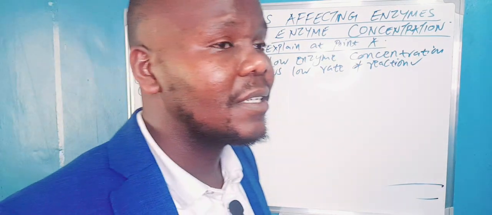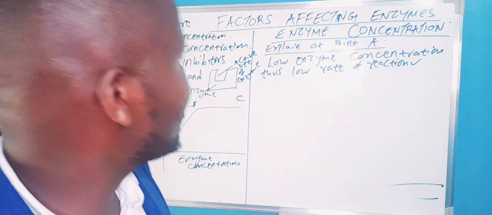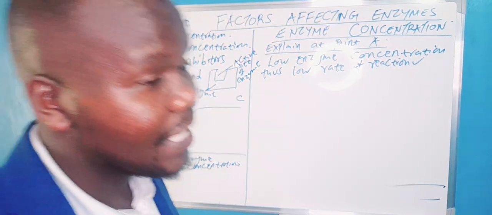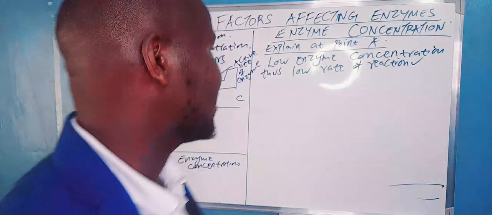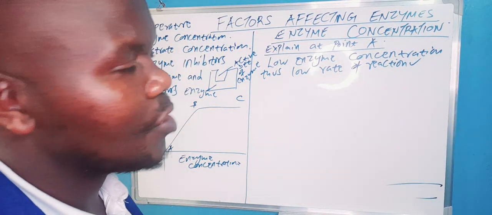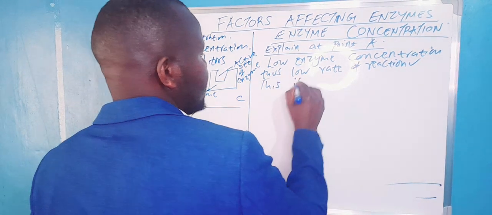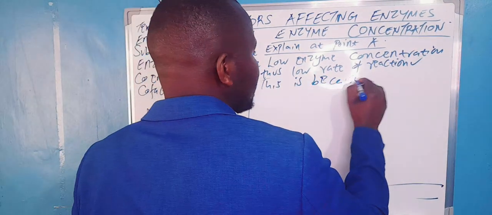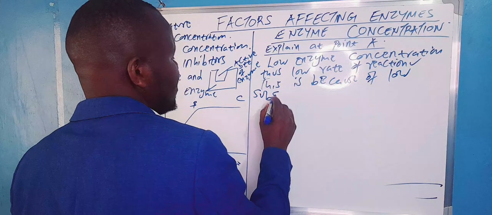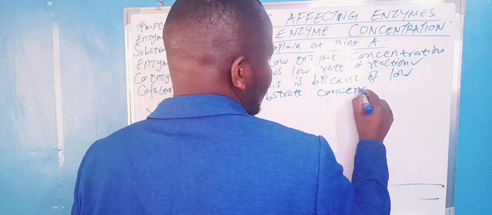So we are saying low enzyme concentration, that's low rate of reaction. When you speak about low enzyme concentration, it's like you have already said low active sites of the enzyme. So the main reason you explain using substrate concentration. This is because of low substrate concentration.